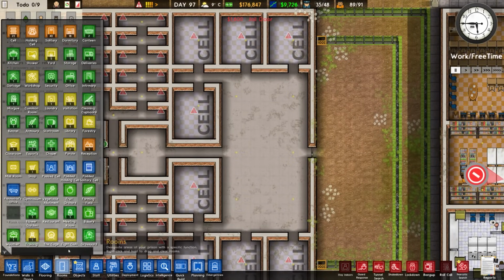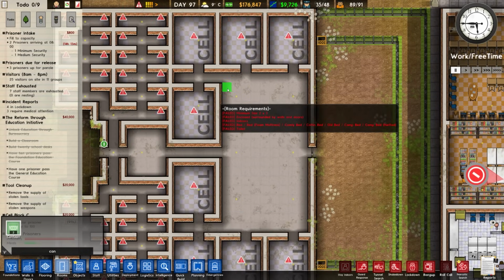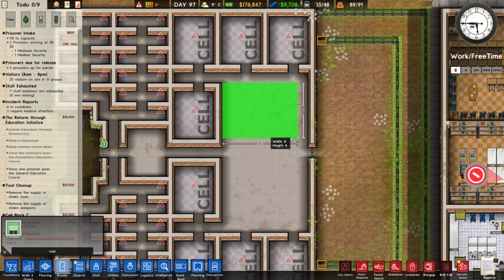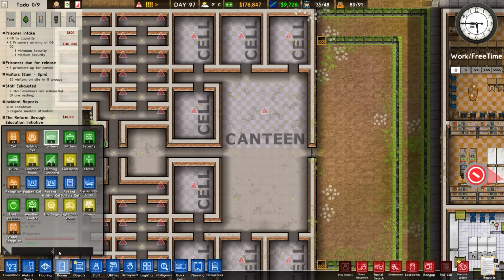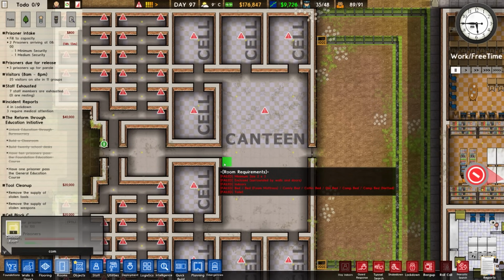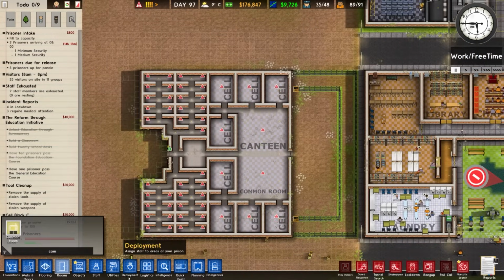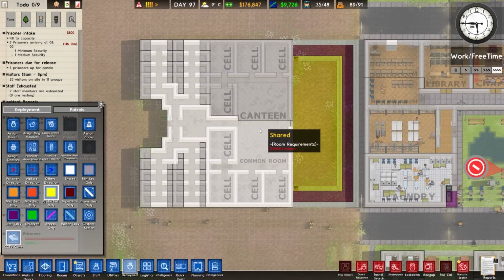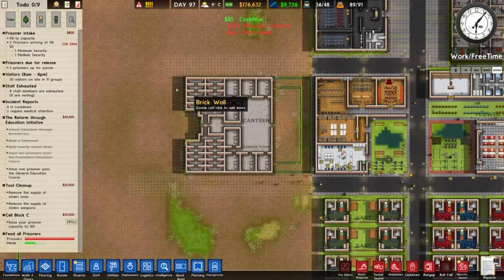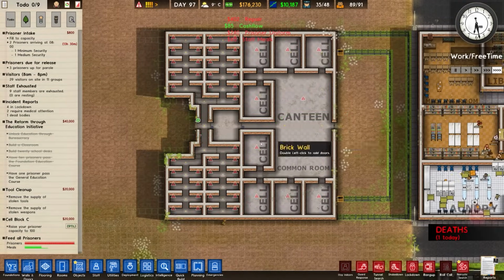And then naturally we want a... Well, this is protective custody. We want in a canteen, which can go in like so. I can just do it right across. And a common room, like that. And that should be protective custody once we actually finish off the doors.